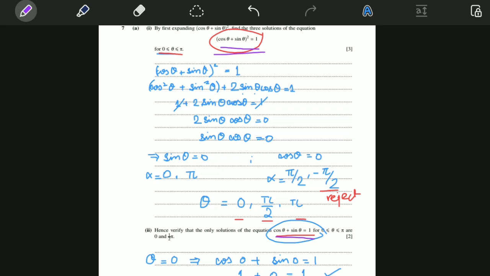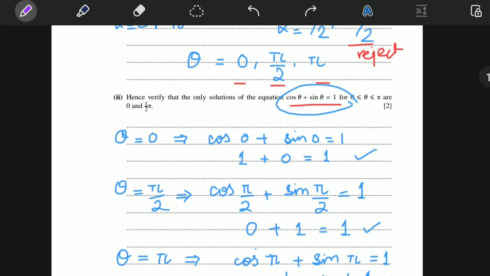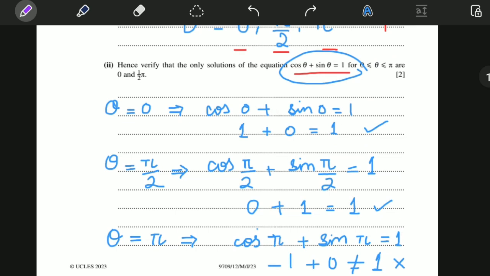If they are now considering just the single cos theta plus sine theta equal to 1, they are telling you that for this part of this original equation, there are just two solutions, 0 and pi by 2. Okay, so how can we verify that?